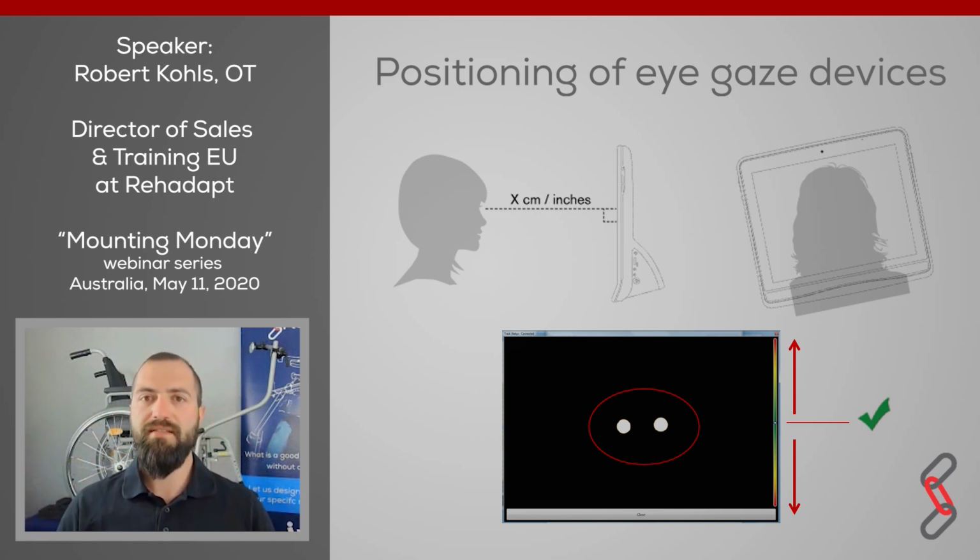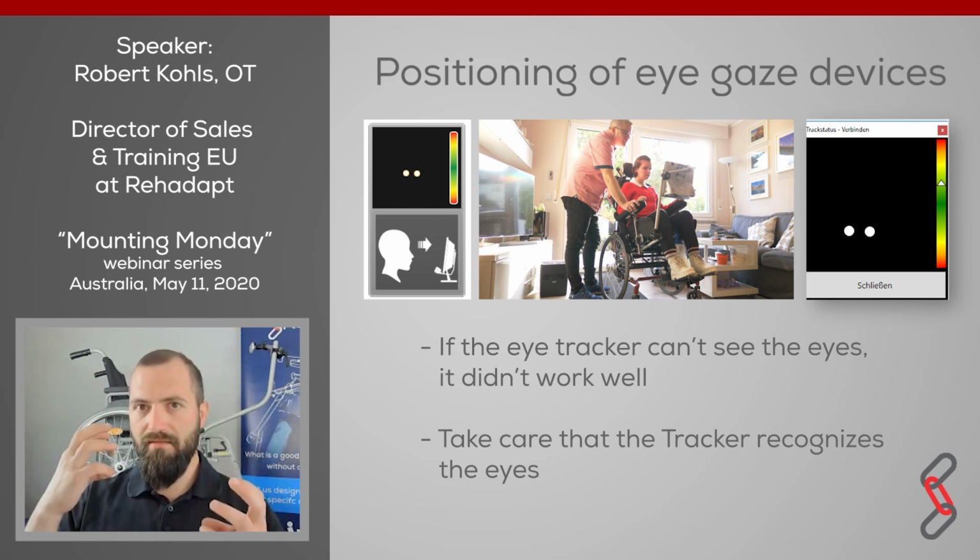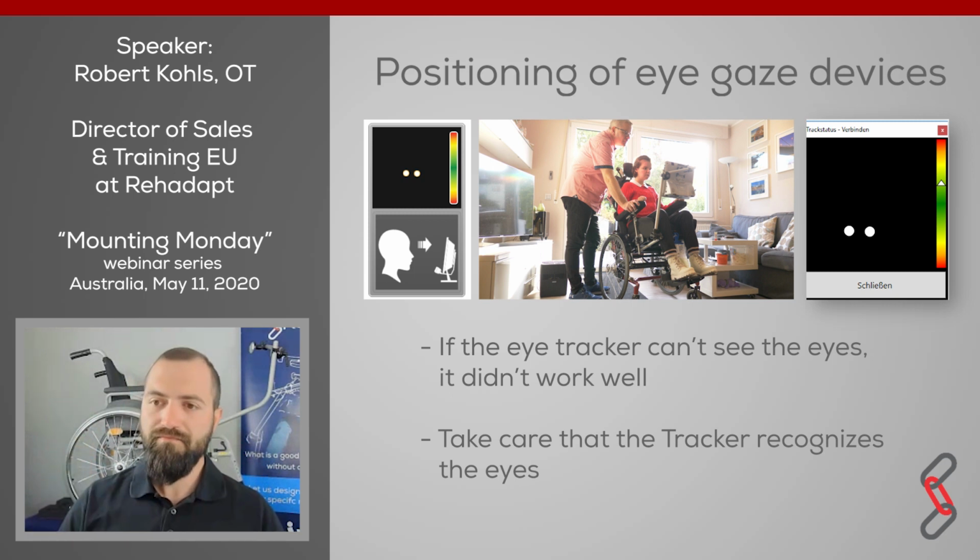Otherwise, the tracking system will not work well enough for the customer. In terms of positioning, that means if the eye tracker can't see the eyes well enough, it will never work really well. So we need to take care that the eye tracker recognizes the eyes, so that the communication system can be accessed well enough by the customer.